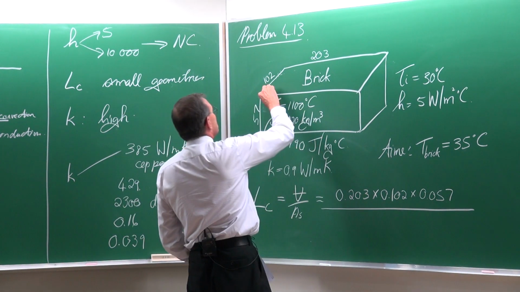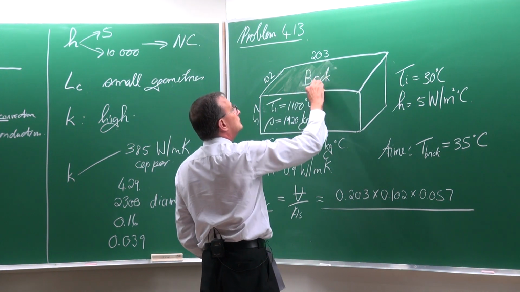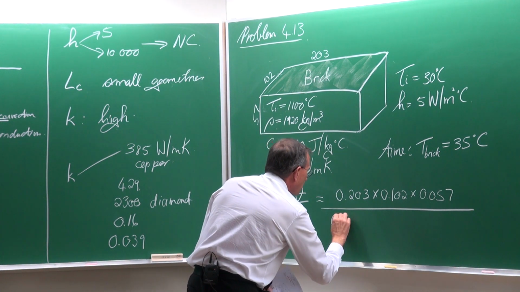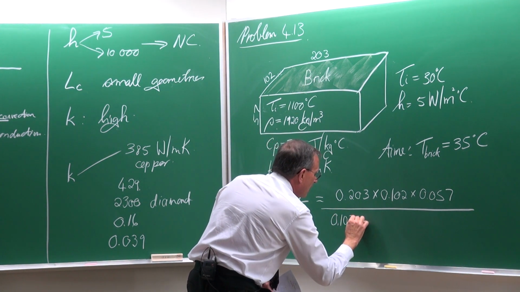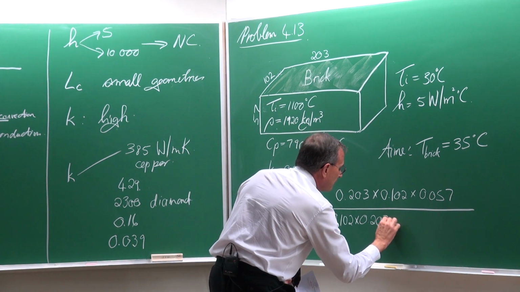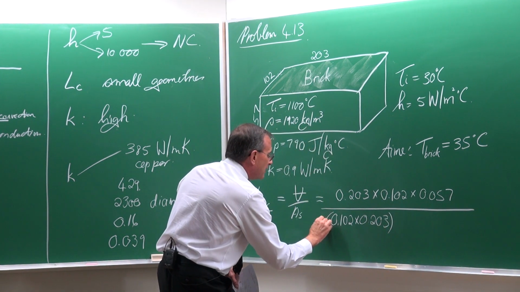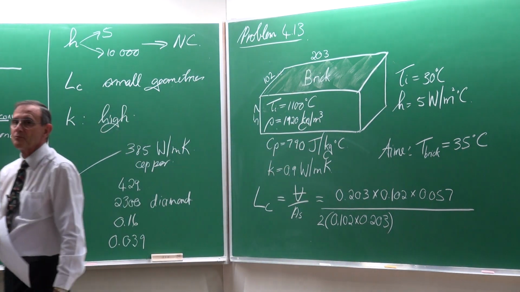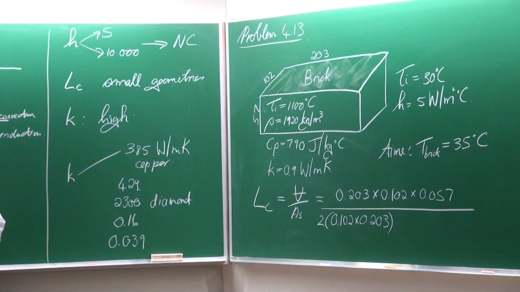Let's start with this surface area here. So that is equal to 0.102 multiplied by 0.203. And there will be 2 of them. It will be at the top as well as in the bottom. So that would be the first surface area.